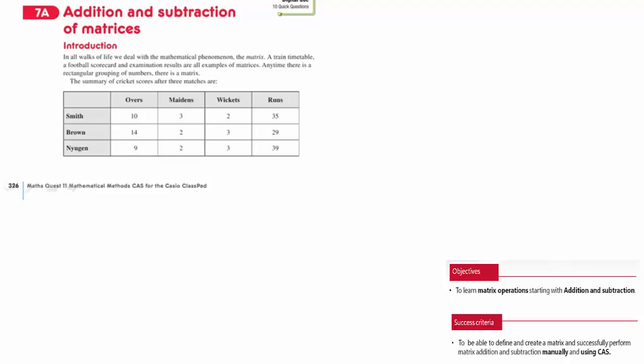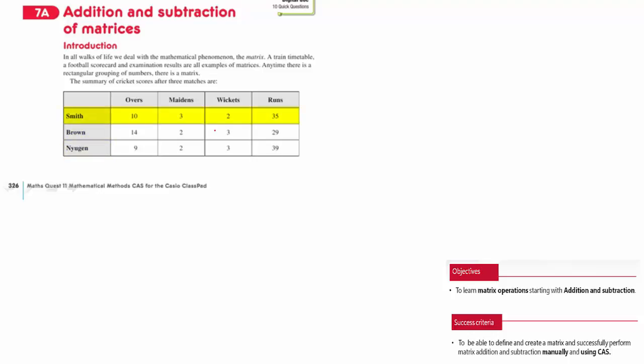So if we look here at this example, this is a summary of cricket scores after 3 matches. So you went and attended cricket, and after 3 matches, each of the players, Smith, Brown, and Wynne, had these results.